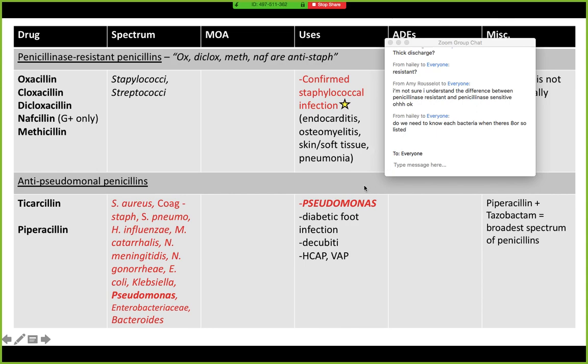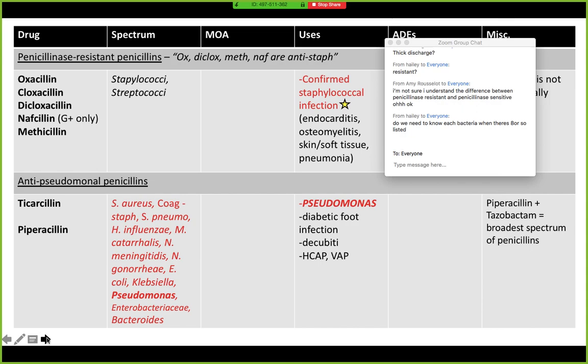Do we need to know each bacteria when there's 8 or so listed? I would do your best. Where it's most important is anything that covers Pseudomonas. Know the drugs that cover staph. Those are your gram-positives.